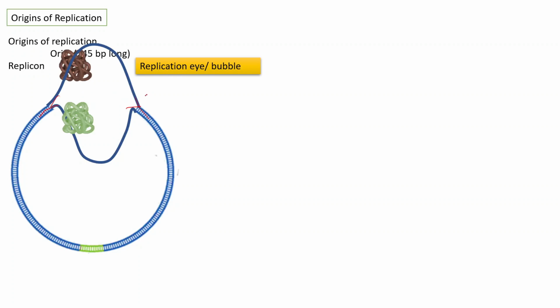They are called replication fork. So in the case of prokaryote, during replication, we can see two replication forks since a replication eye is forming here.